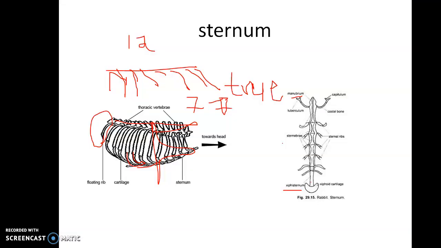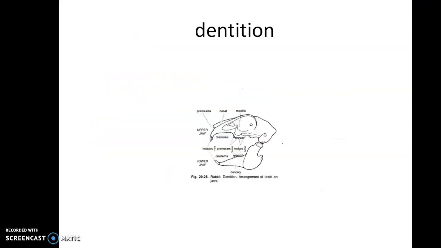Now there is an important part, the dentition of mammals, which I would like to mention here. Dentition is very important because it normally comes under the digestive system, but as it is a part of the skeletal system, I have to mention it here.